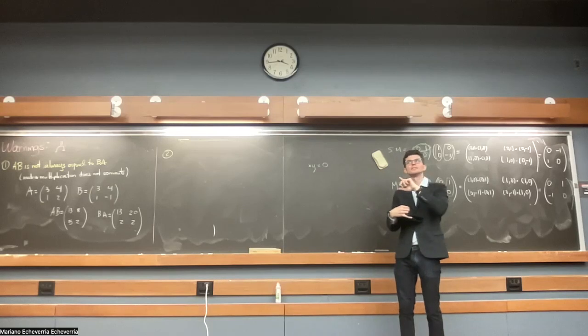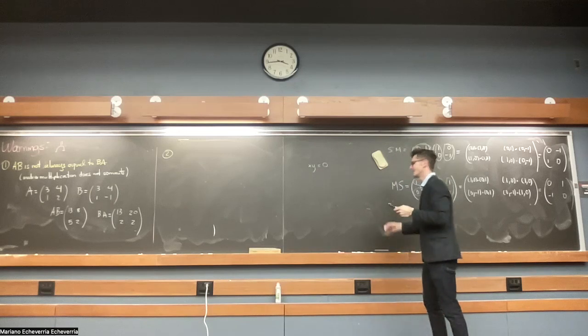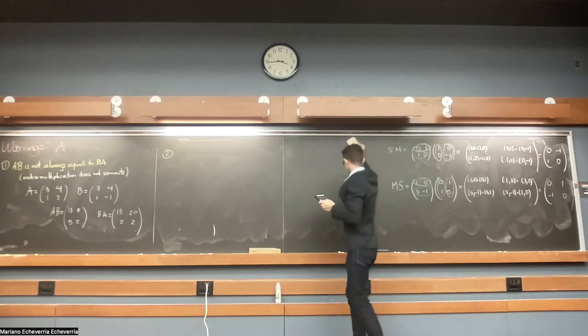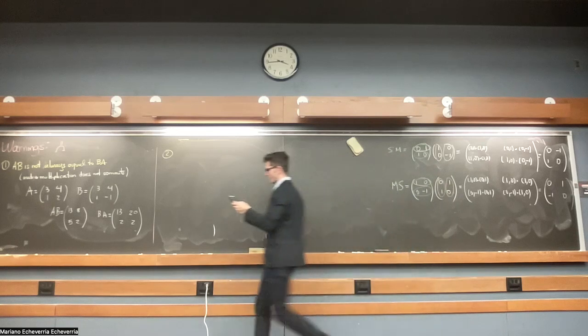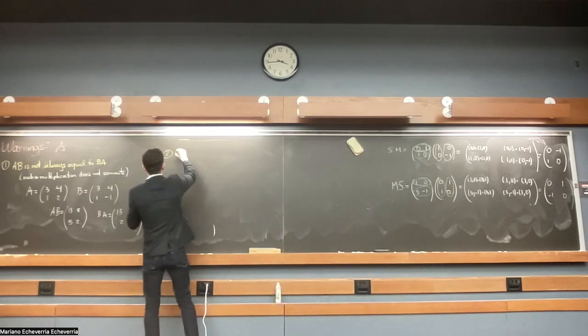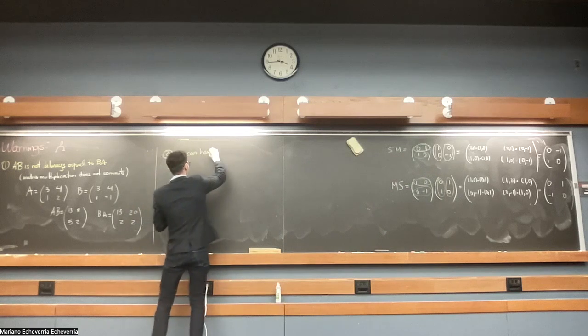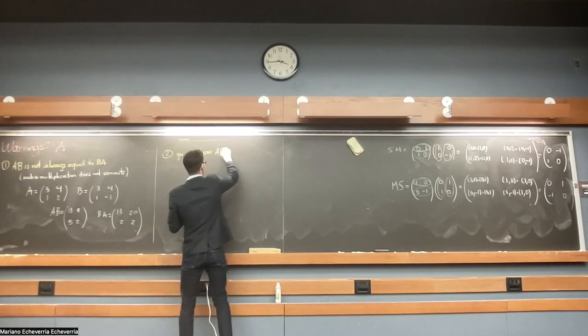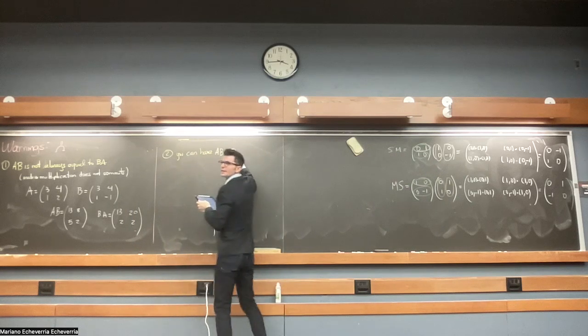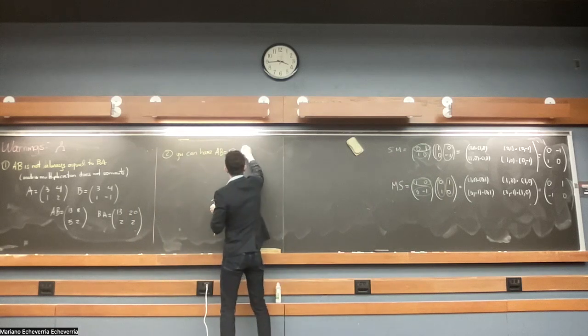So what can happen here is that you have a product of two matrices that gives you the zero matrix without either of them being zero. So let me write it down. You can have AB equals zero. And by this zero, I mean the matrix full of zeros, okay?